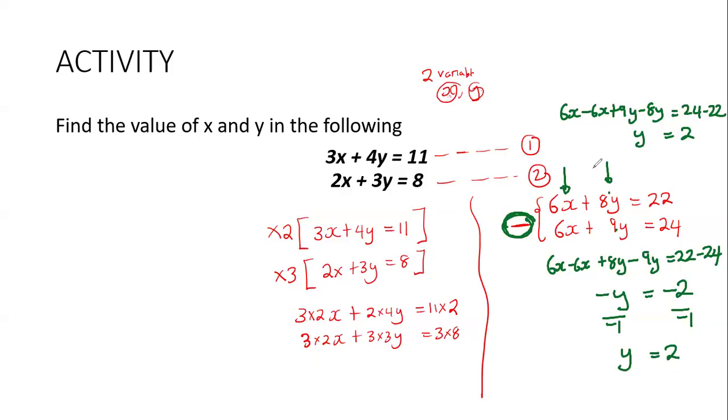We get 0. 6x minus 6x is like you have 6 oranges and you serve all the 6 oranges. So you remain with nothing. So as we continue to calculate the equation, we don't write the 0. There is no need for you to say 0 minus y is equal to negative 2. But if you want, you can put it there. Okay, sir.